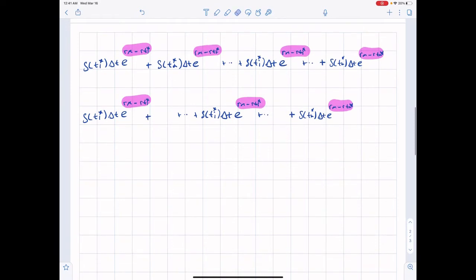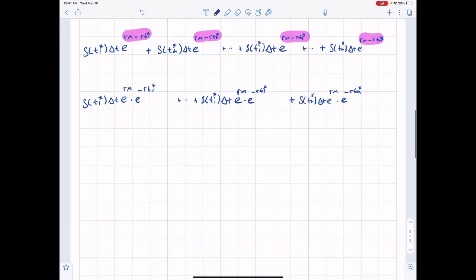I can write this as e to the rm times e to the negative rt1 star. And I can write this as e to the rm times e to the negative rti star for any general term i, all the way through the last one, which gives me e to the rm times e to the negative rtn star.